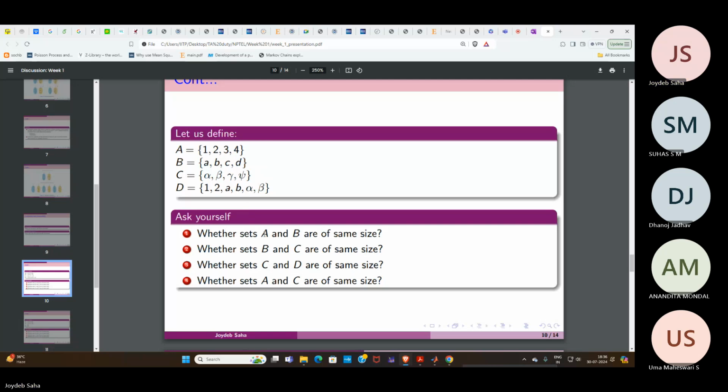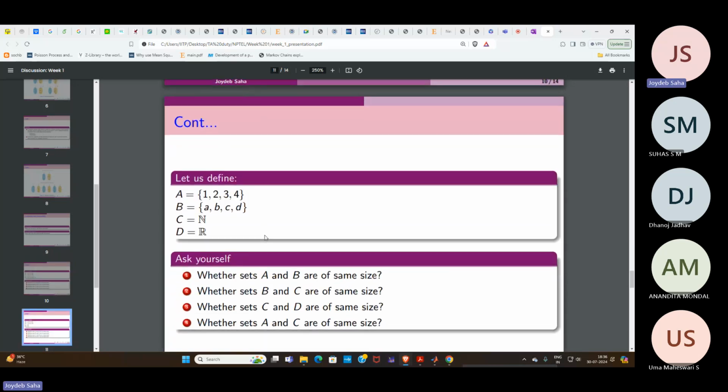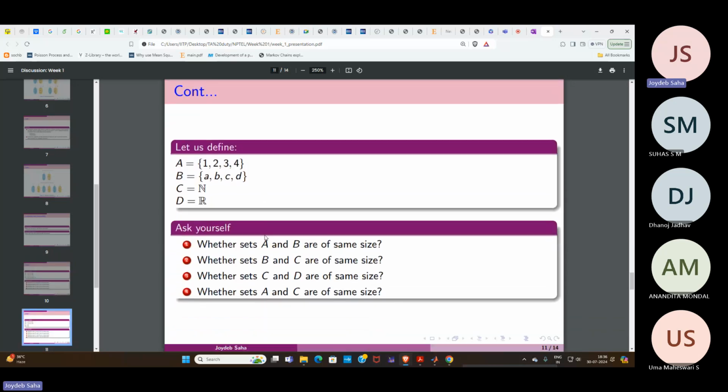Now this is different. The same question, if I ask that A includes 1, 2, 3, 4, B includes A, B, C, D, C is the set of all natural numbers, and D is the set of all real numbers.